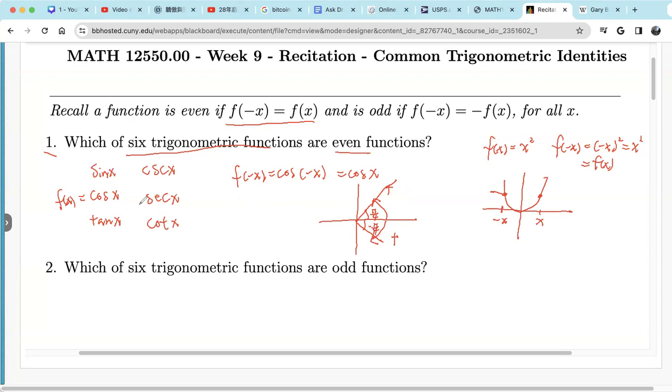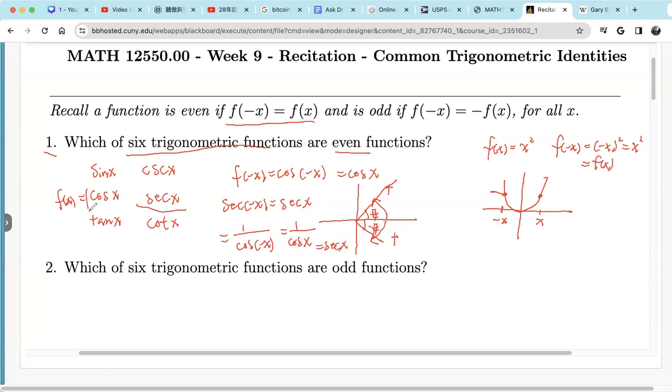And also its inverse: secant of negative x equals secant x, because secant is 1 over cosine, right? And cosine of negative x is cosine x, so that equals secant x.